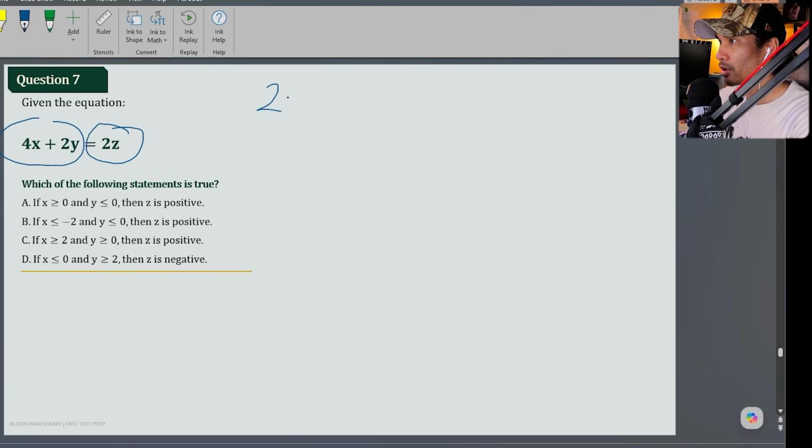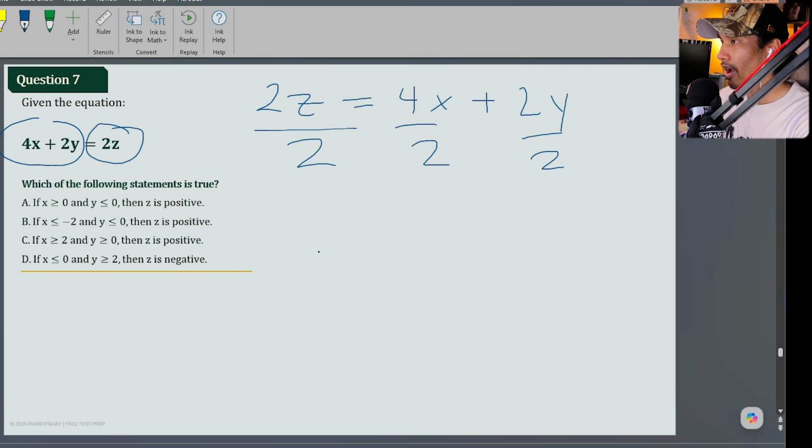So I'm going to get 2z is equal to 4x plus 2y. Then I am going to divide everything by 2, and that gives me z equals 2x plus y.